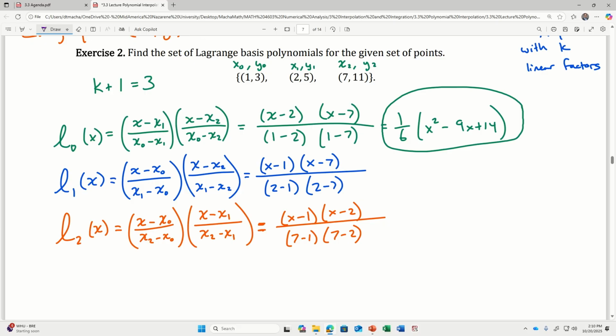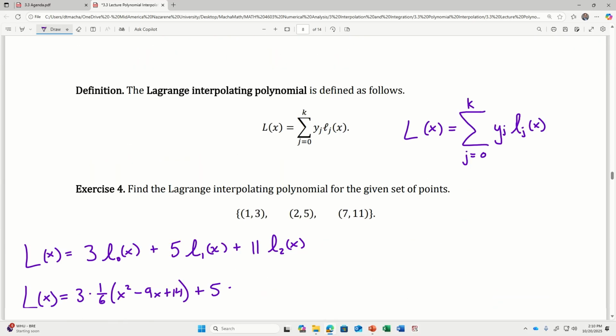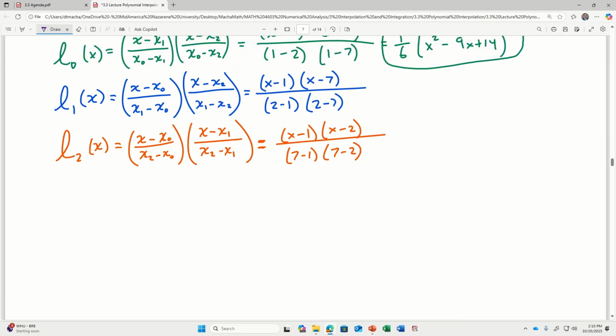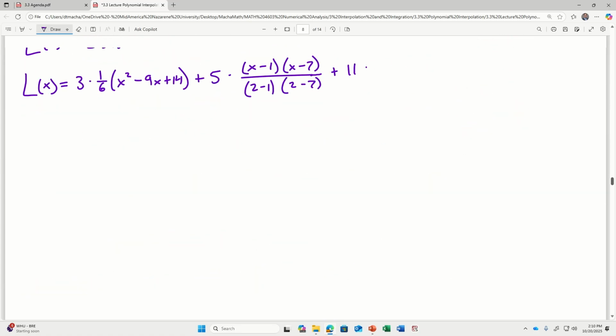So it's like x minus 1, x minus 7. I didn't finish fully expanding that one. And then 11 times L2, which is x minus 1, x minus 2.